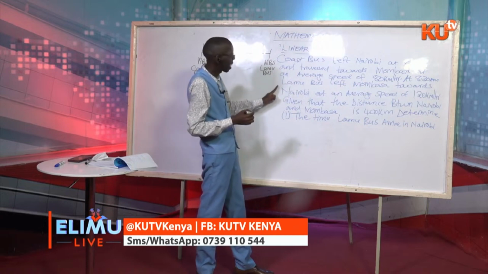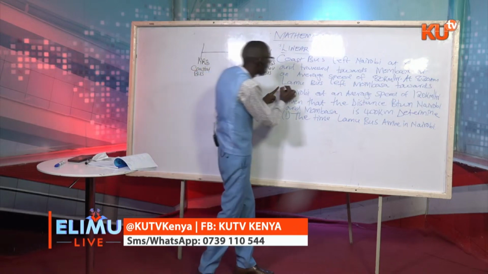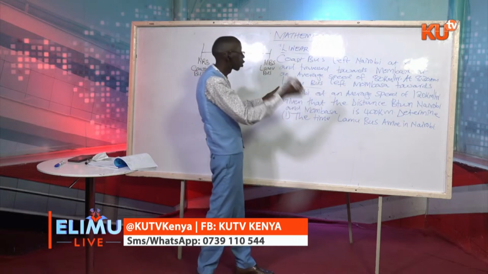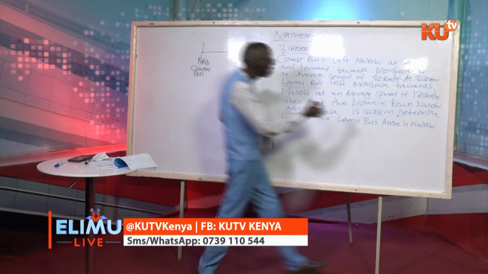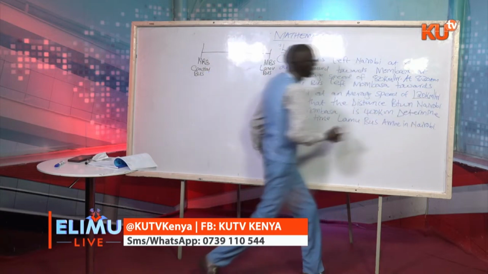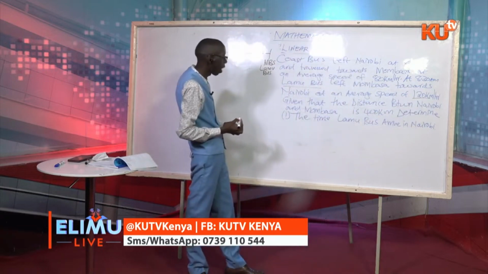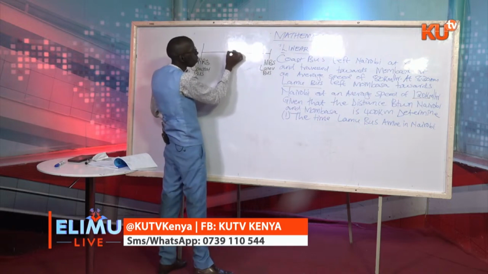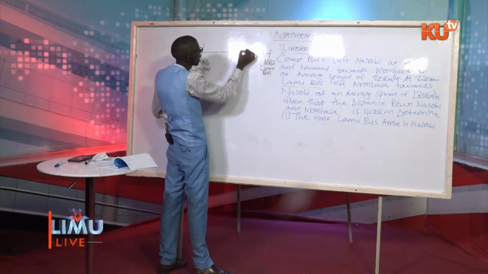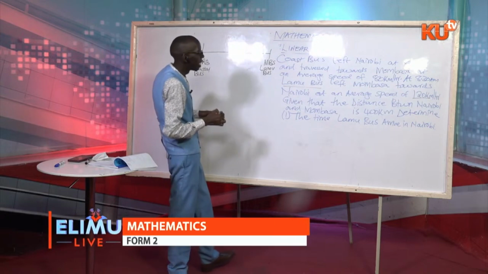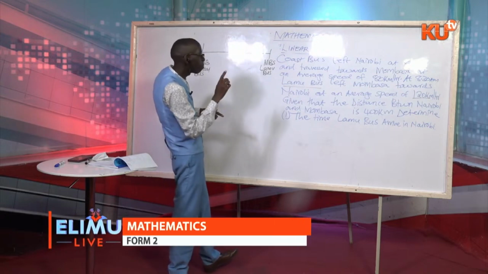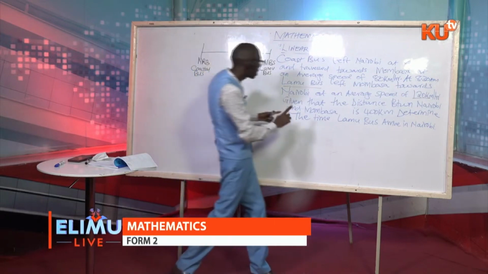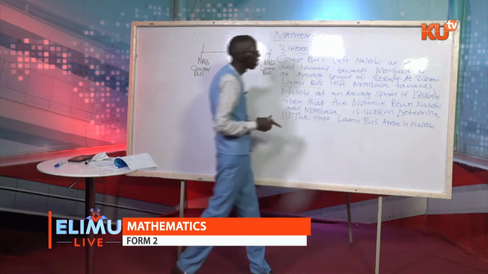At 8:30 a.m., the Lamu bus left Mombasa towards Nairobi at an average speed of 120 kilometers per hour. Given that the distance between Nairobi and Mombasa is 400 kilometers, determine the time the Lamu bus arrived in Nairobi.